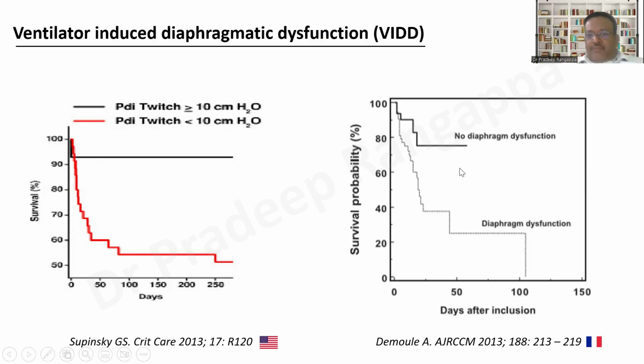Where there is no diaphragmatic dysfunction, survival rates are much higher. But where diaphragmatic dysfunction sets in significantly, there is a progressive decline in the survival. And this has been shown in small experimental studies, which have come from France and the US. So now going to what are the strategies that we should adopt to protect the diaphragm.